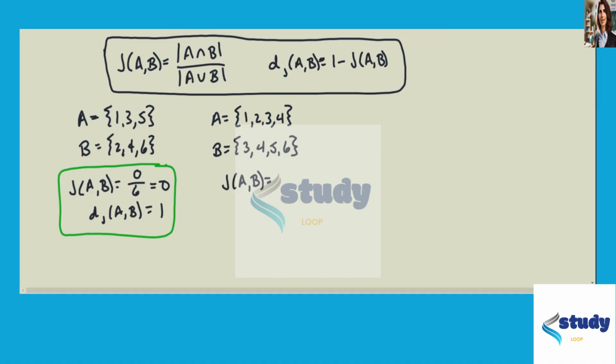Well, the intersection is made up of 3 and 4, so that has a cardinality of 2. The union is, again, 6 items, 1, 2, 3, 4, 5, and 6. So 2/6 or 1/3, which means that the Jaccard distance, 1 minus 1/3, is going to be 2/3.